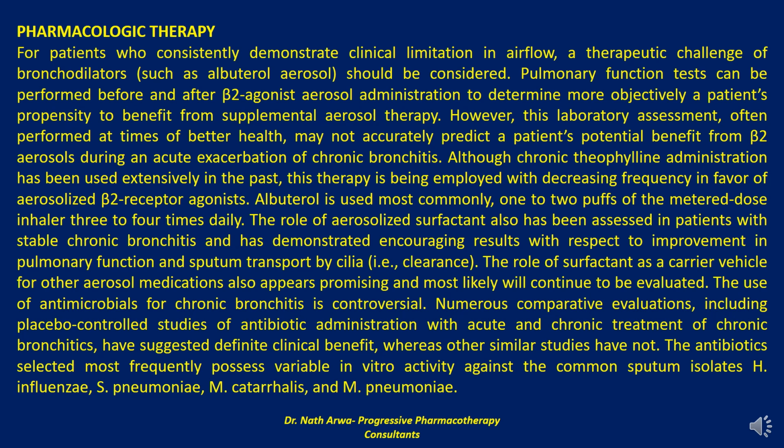Numerous comparative evaluations, including placebo-controlled studies of antibiotic administration with acute and chronic treatment of chronic bronchitis, have suggested definite clinical benefit, whereas other similar studies have not. The antibiotics selected most frequently possess variable in vitro activity against the common sputum isolates Haemophilus influenzae, Streptococcus pneumoniae, Moraxella catarrhalis, and Mycoplasma pneumoniae.